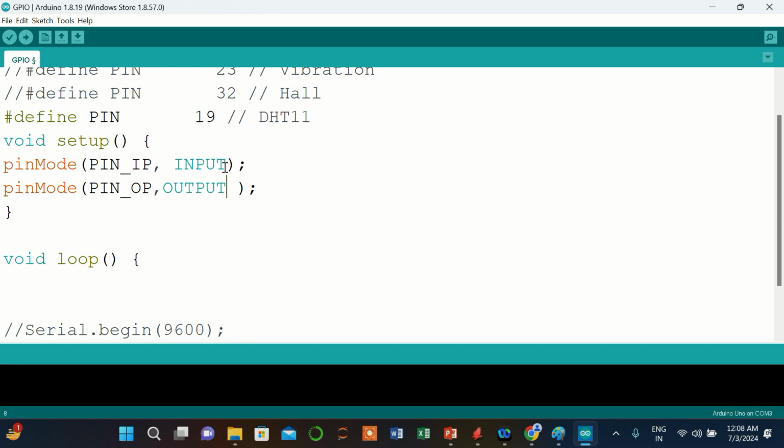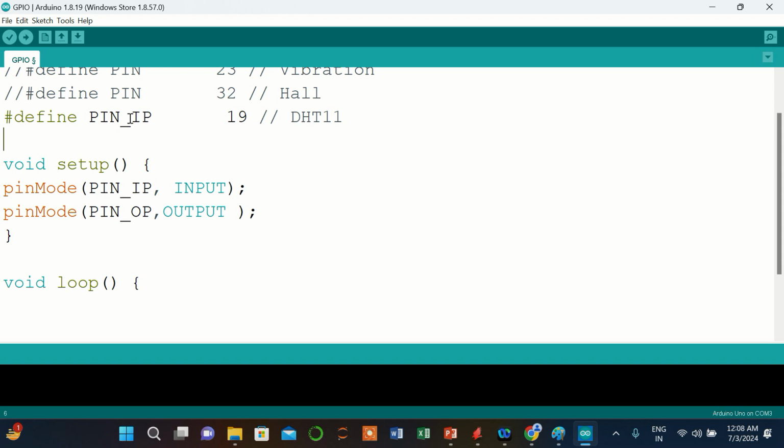So the output pin you want to configure as an output. Now you define this pin as an input, and then some other pin you want to configure as an output. Which pin do you want to configure? Pin number 24.